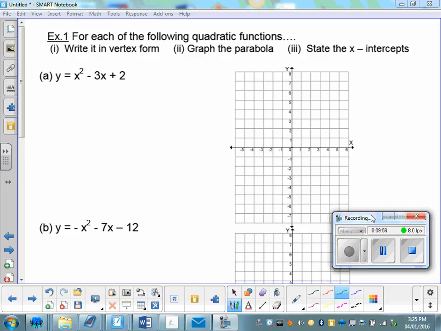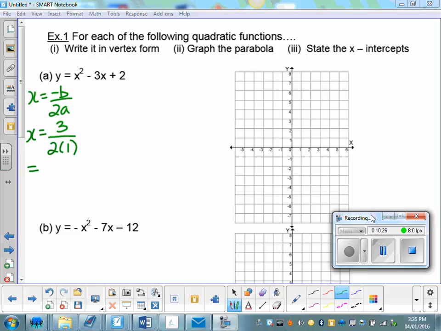So in this first one here, it's not in vertex form, so I'm going to use the little formula here. So x equals minus b over 2a. So it's going to be 3. So minus negative 3 is going to be plus 3. And then 2 times 1 on the bottom.